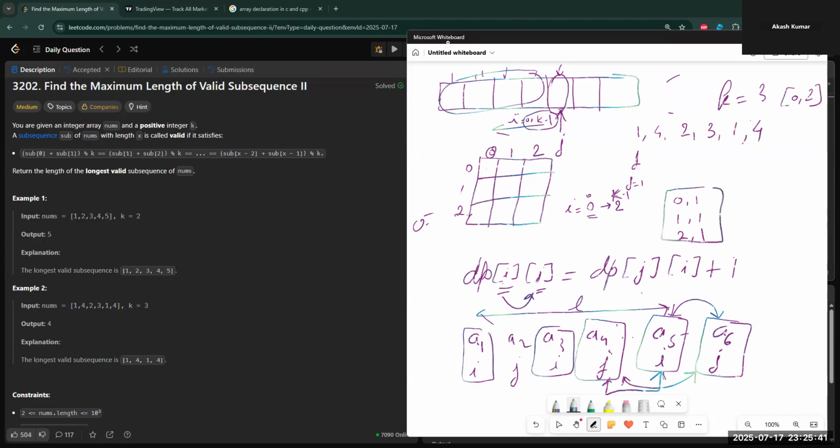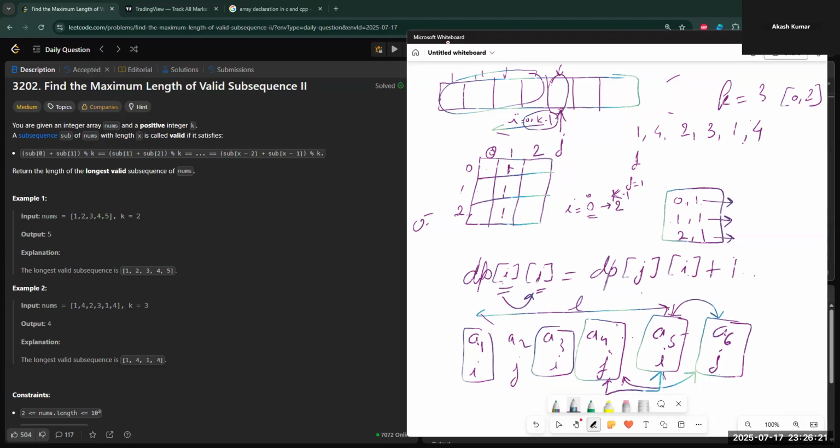We fill all these combinations for every possible previous sequence. So dp[0][1] equals dp[1][0] plus 1. dp[1][0] is 0, so it will be 1. Then dp[1][1] equals dp[1][1] plus 1.